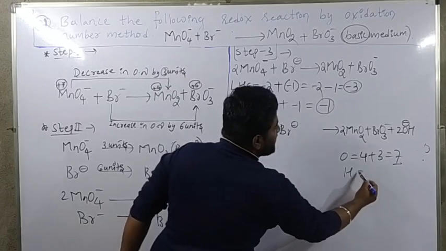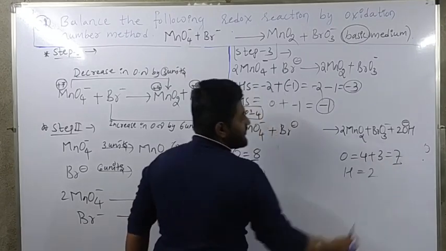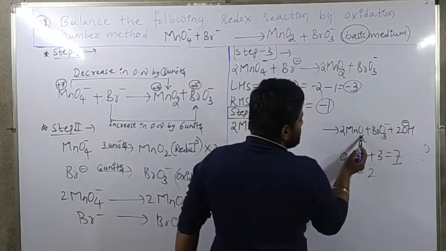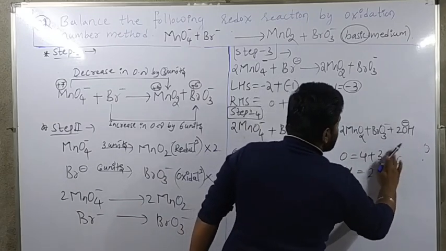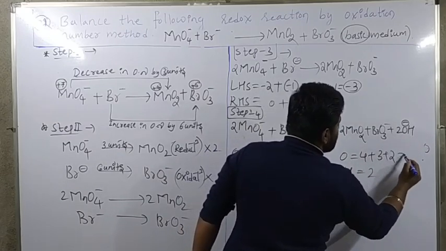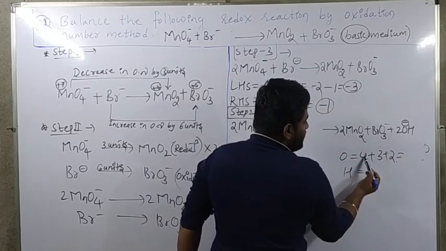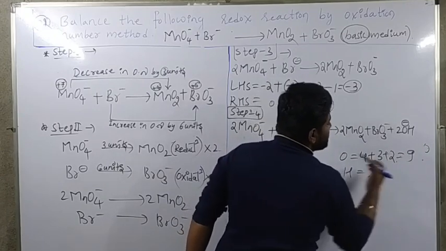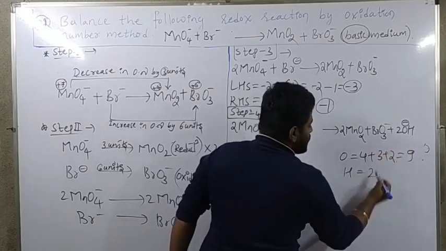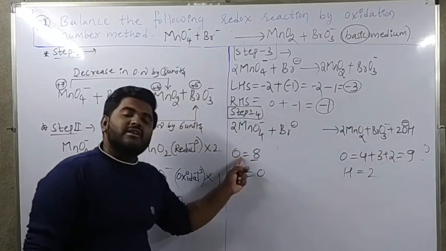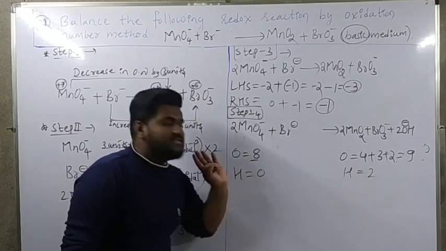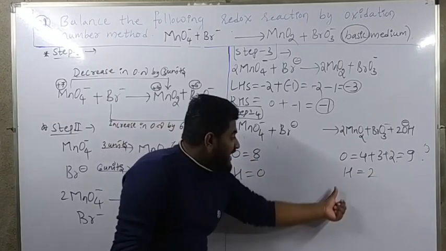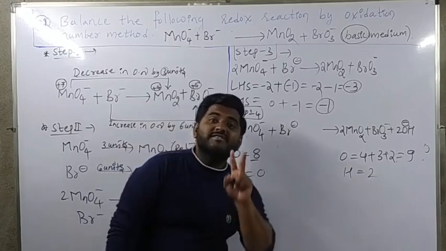What about hydrogen here? 2 hydrogens. Wait. Here 2 twos are 4 plus 3, plus here 2 oxygens are there. So 4, 3, 7 plus 2 is 9 oxygens and 2 hydrogens. Here 8 oxygen, 0 hydrogens. That means on the LHS side 2 hydrogens are less.